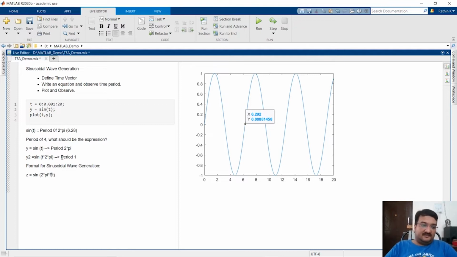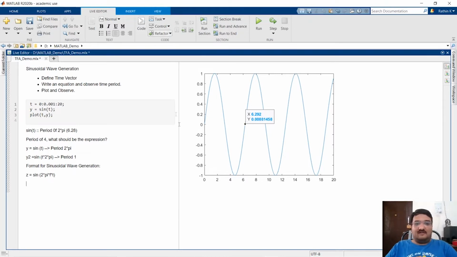You are multiplying your time axis, which was earlier just a time variable, by 2 pi in order to get an integer time period.